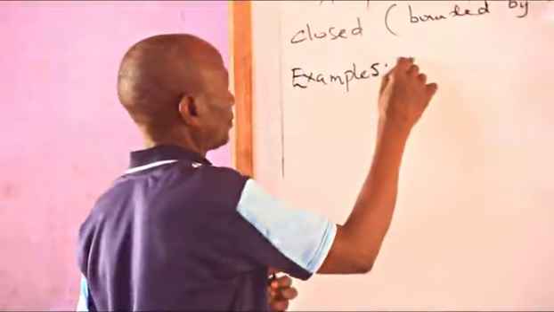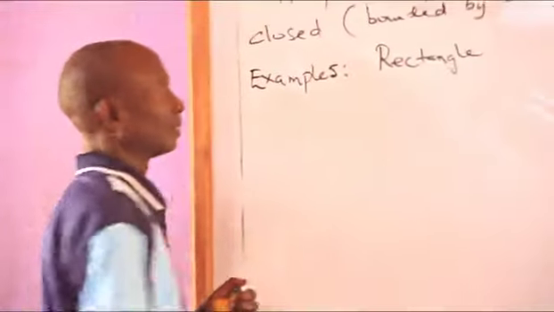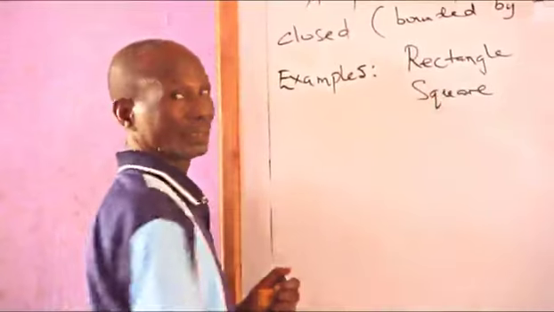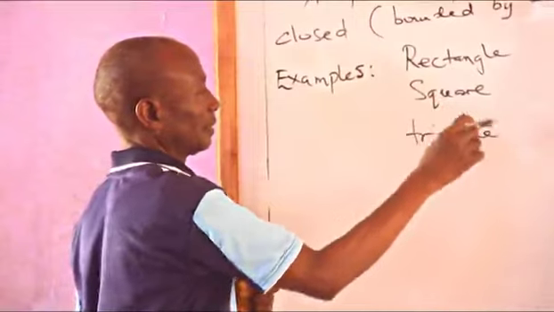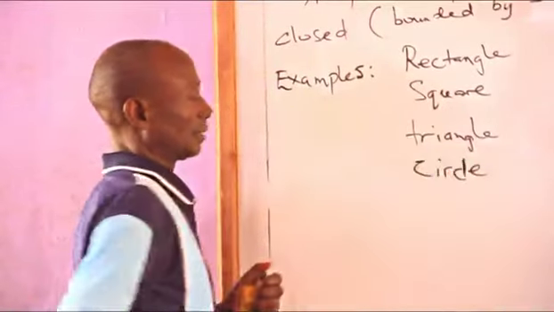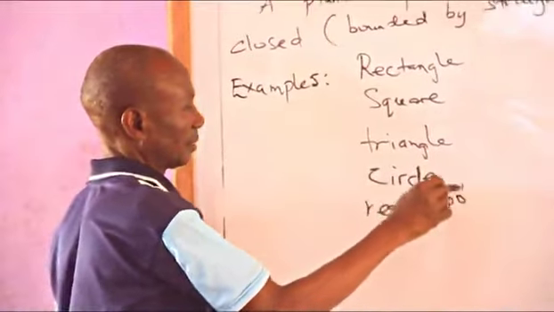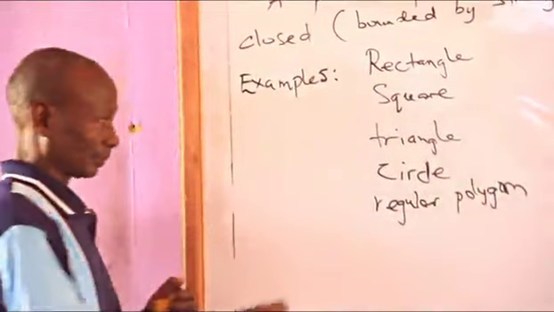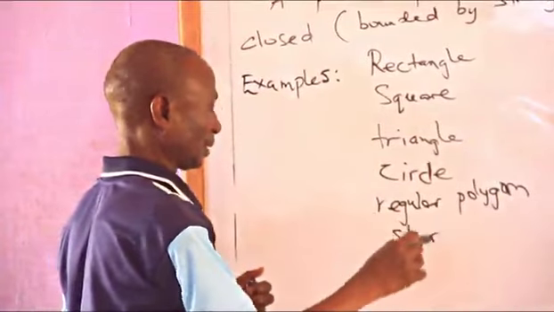You have rectangle, you have square, you have a triangle, you have circle, you have regular polygon. You can have what is called stars.